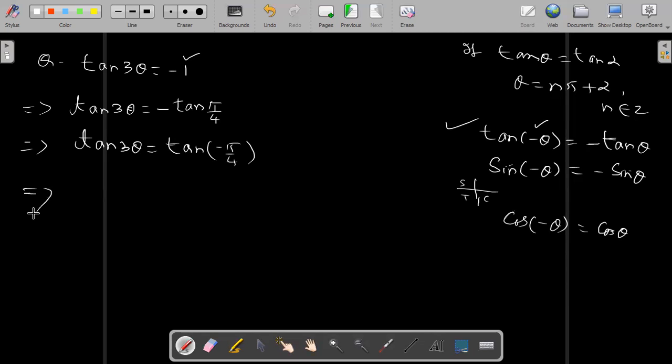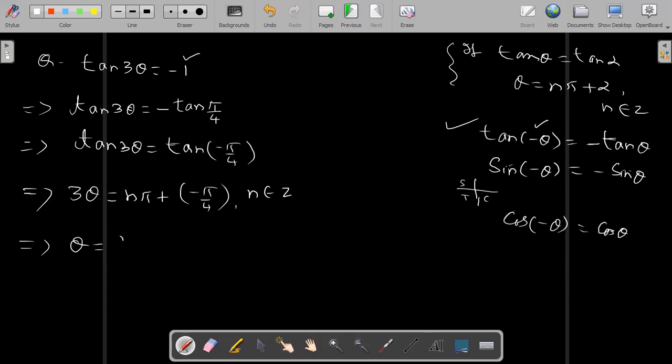Now according to the formula of general solution, we can write 3 theta is equal to n pi plus minus pi by 4, and the 3 you have to bring to the right hand side.